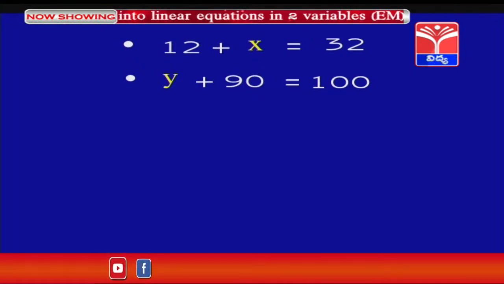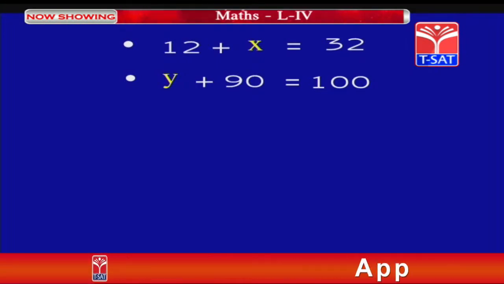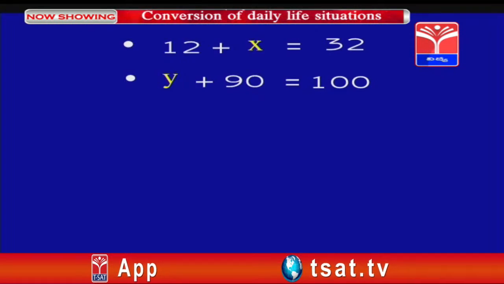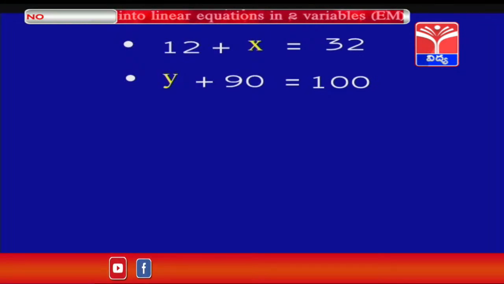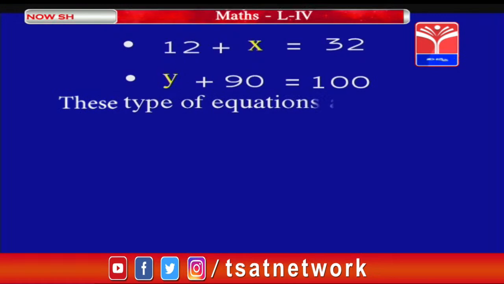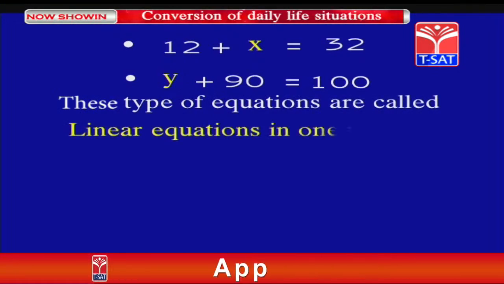Okay? Now, tell me whether these are linear equations or not. Yes, these are linear equations, because in each equation the highest power of the variable is 1 only. Now, these types of equations are called linear equations in one variable.